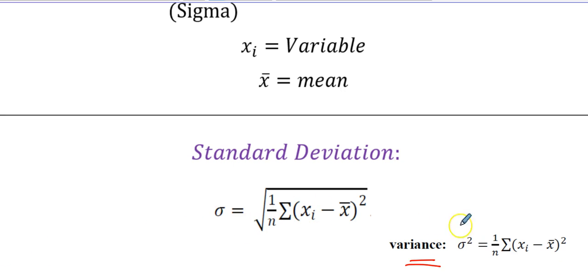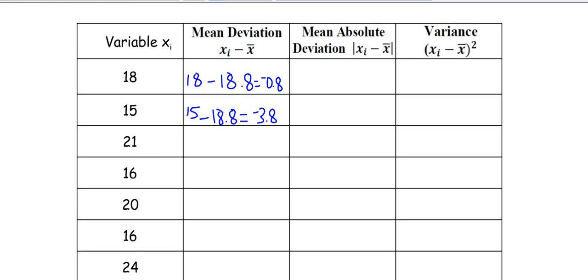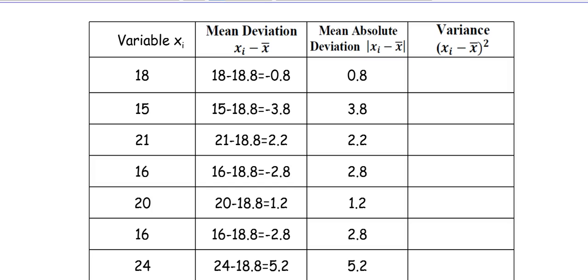Alright, so let us go back to our table here. We already have the first, second and third columns filled in. Now we just have to fill in this xi minus x bar square. So we just have to square the difference. I can square directly this number or this negative 0.8, both are the same. Negative 0.8 square gives me 0.64, or 0.8 square, also the same thing, right?